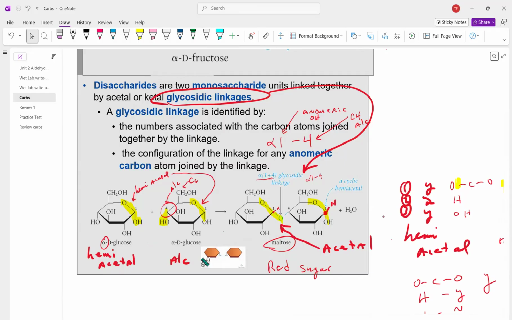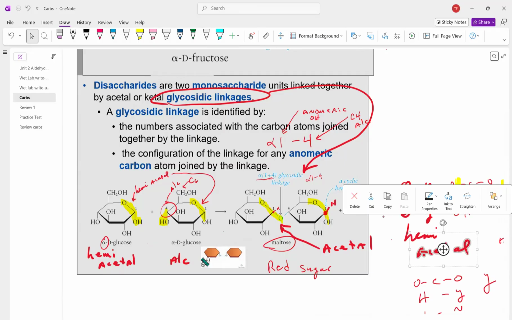Any of them, as long as one of them is a hemiacetal. And usually you put that one on the left. So it's hemi. Now this happens to be 2 hemis, 2 glucoses. And what happens is I'm going to get a linkage in the middle.